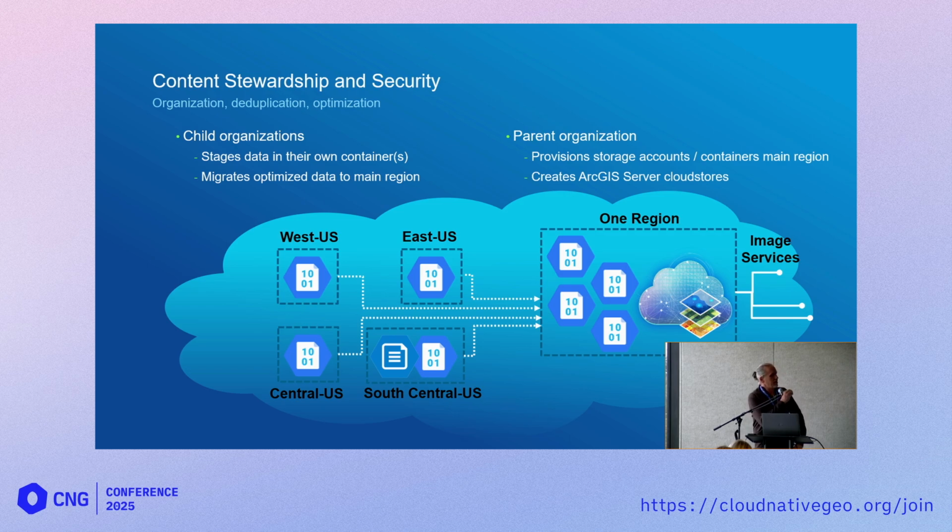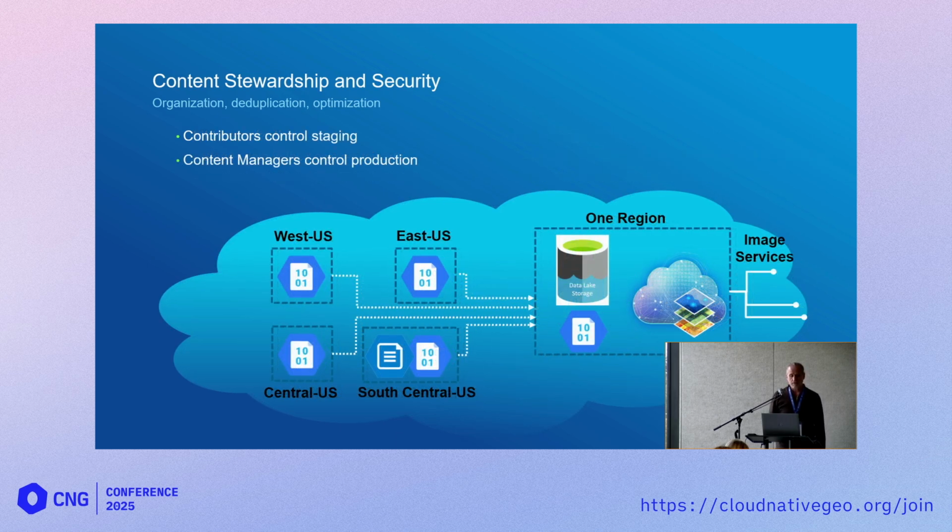And then when they're ready, they migrate that into the one region where everything can be managed, either fully in blob containers. Some child orgs have a little bit of cloud native file serving services that they like to use. And then some customers really want to engage in a data lake.